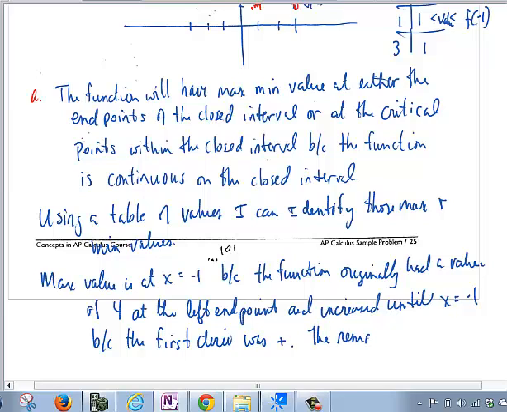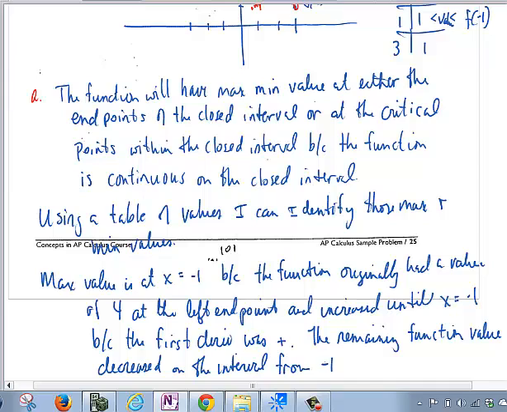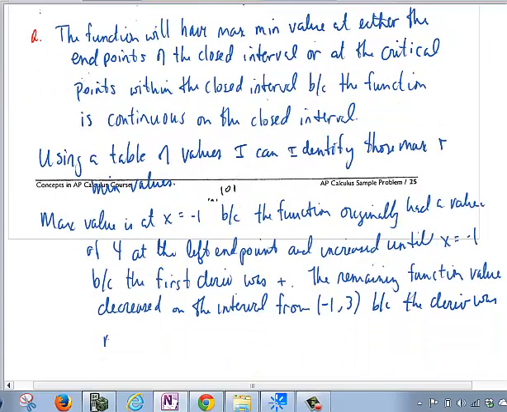The remaining function values went down, decreased on the interval from -1 to 3, because the derivative was negative.